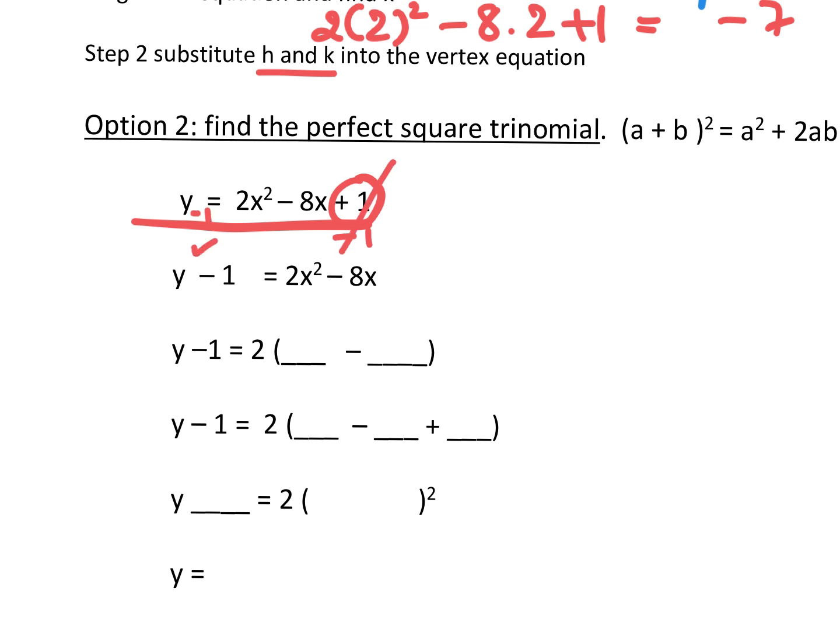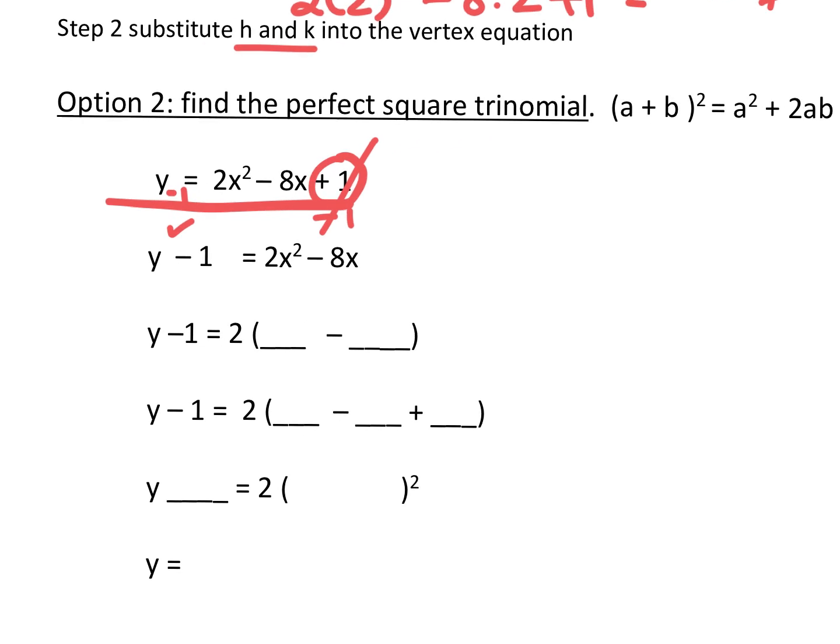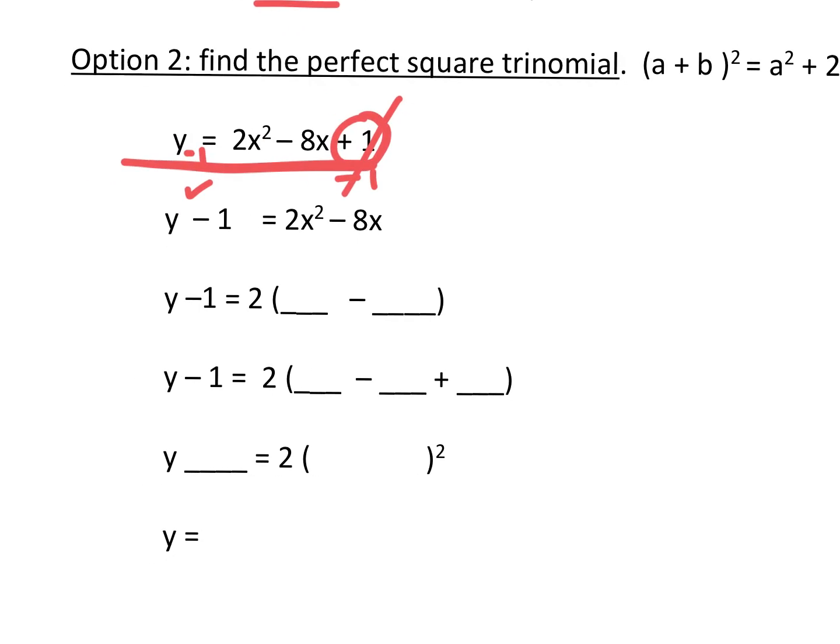So I got this. Now we're going to take care of ax squared plus bx. Again, we have to do the GCF, which is bring out the 2. Inside I have x squared minus 4x.